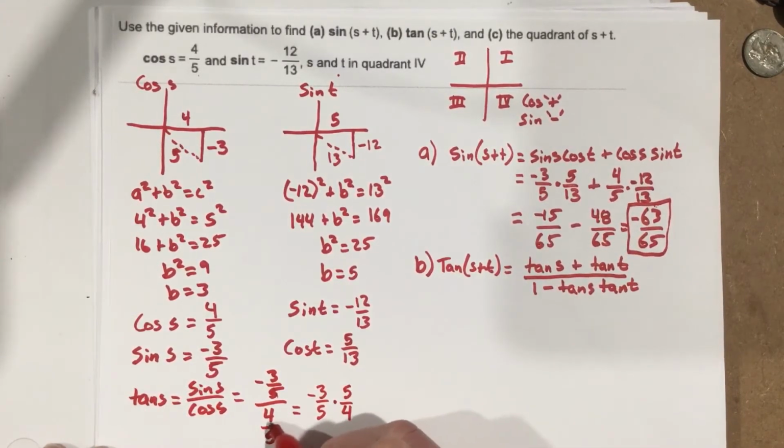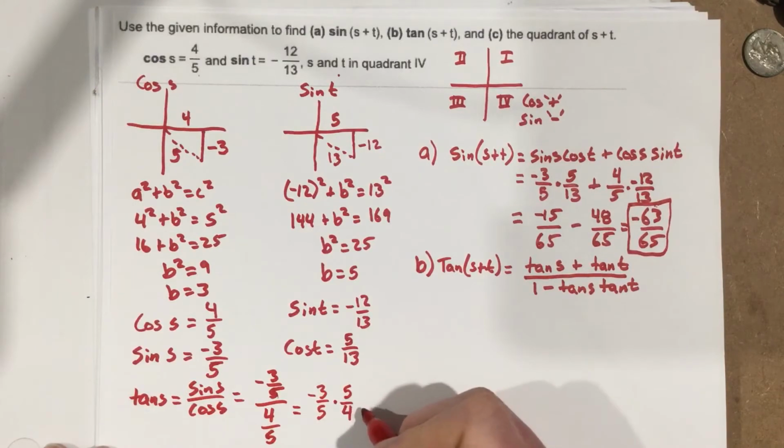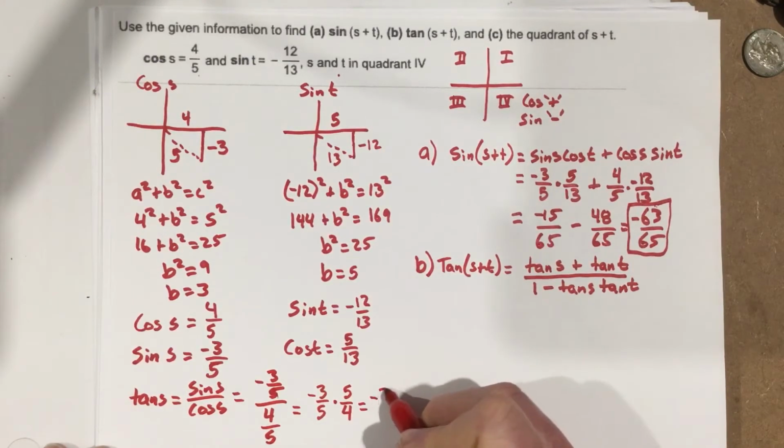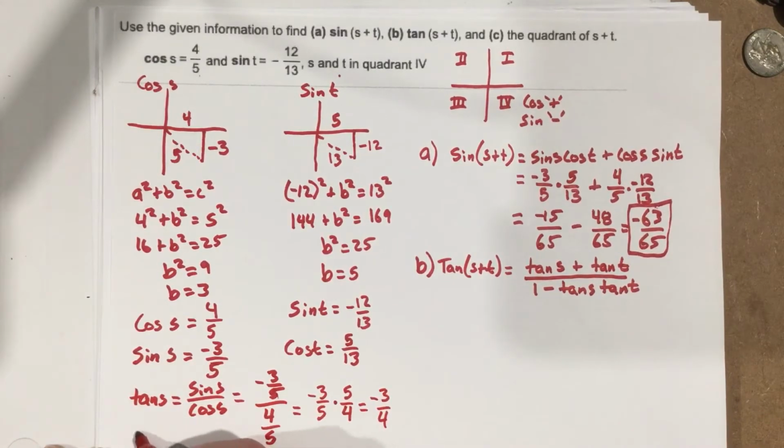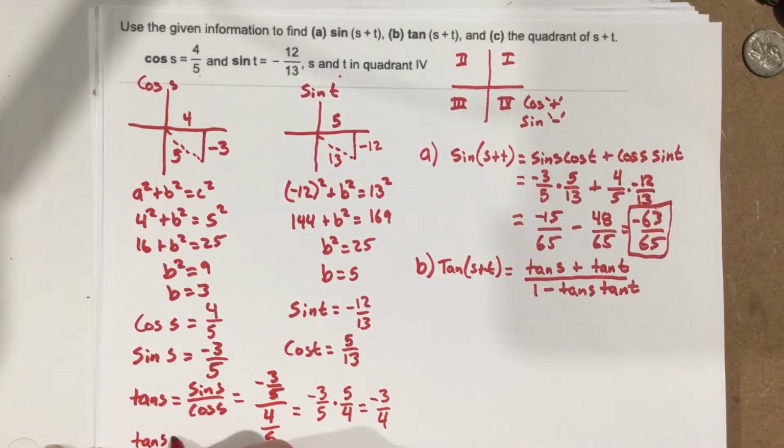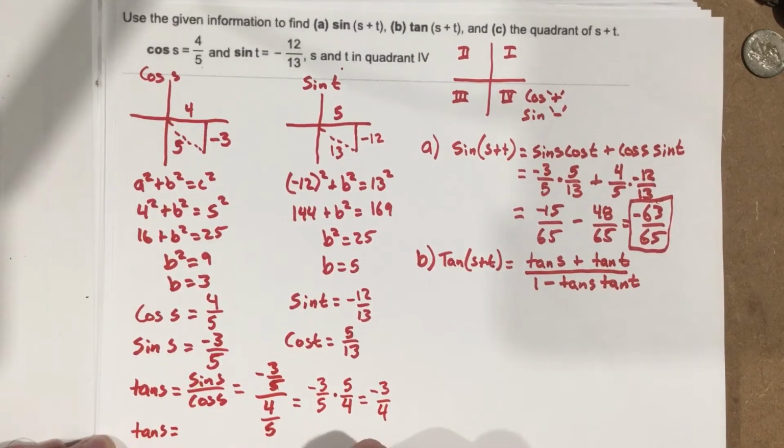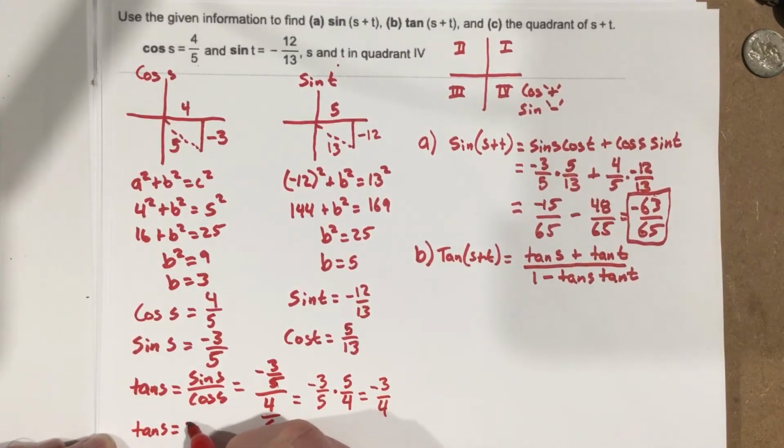Flip the bottom fraction, multiply, and we end up with negative 3 over 4. So we know tan s equals negative 3 over 4.